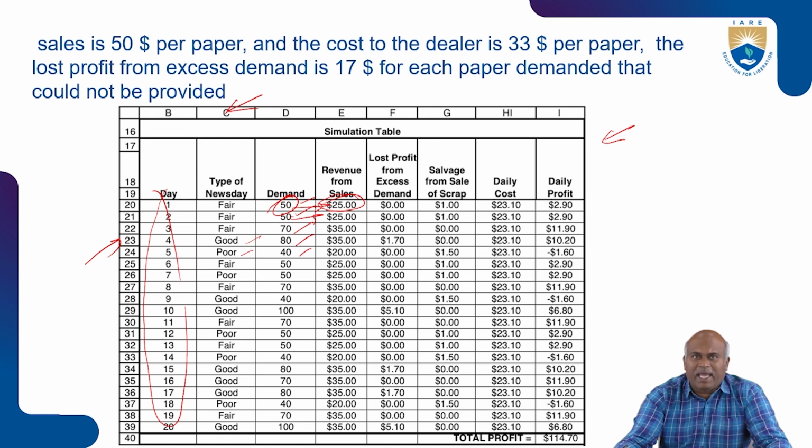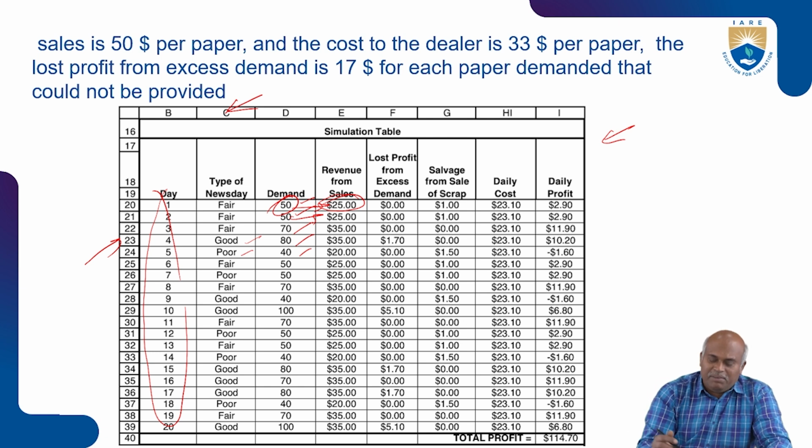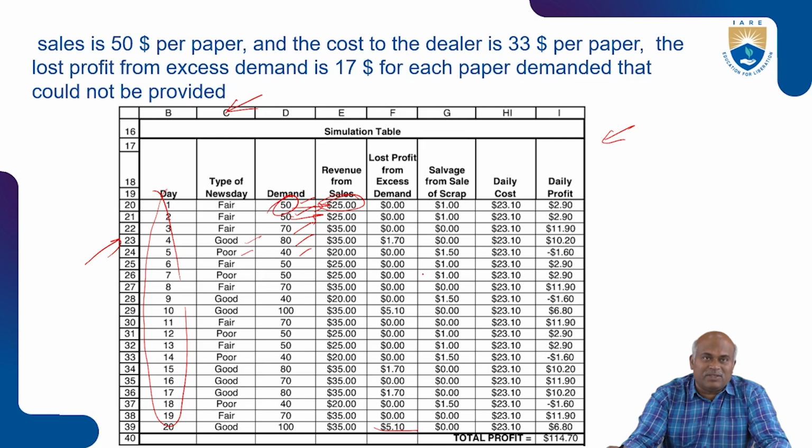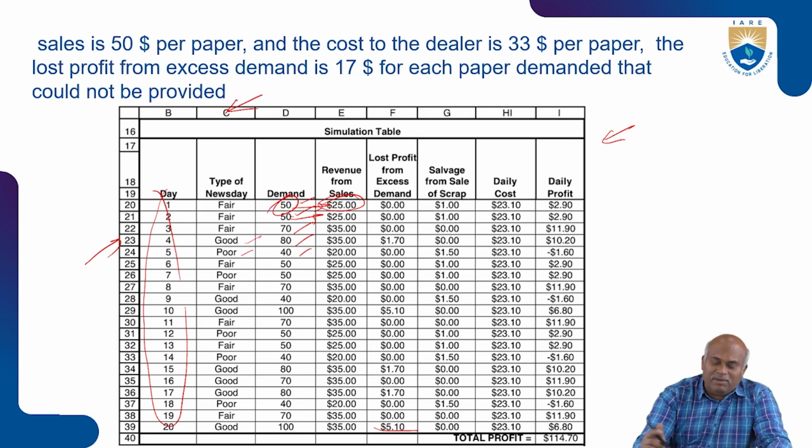Lost profit from the excess demand. What do we mean? After sale, what will we get for the lost profit? If there is excess demand for the product, that also comes with this chart, and that will be taken as some amount. First day 0, second day 0, third day also 0, fourth day 17, like that we make.